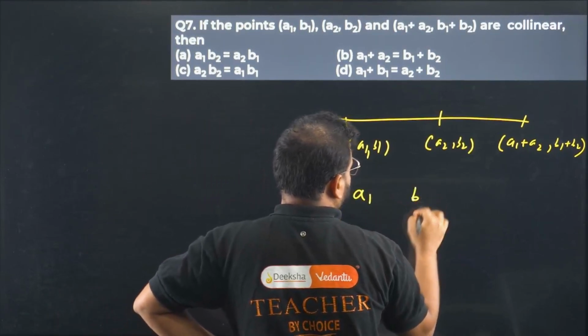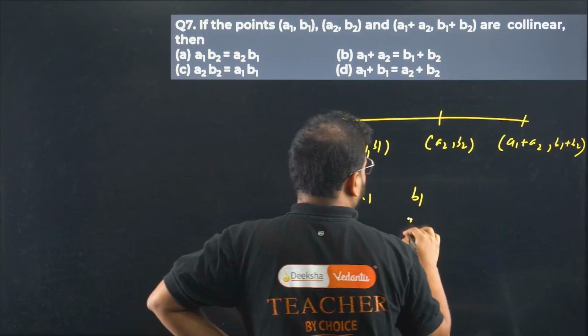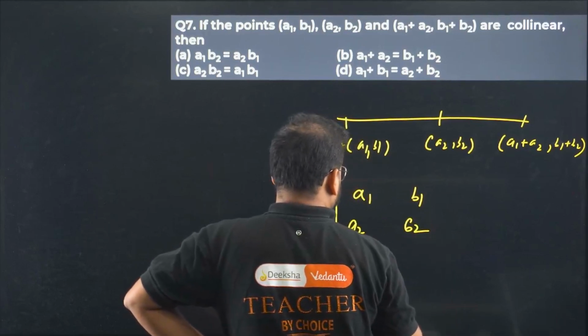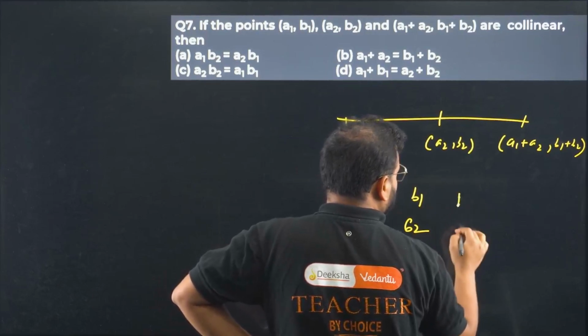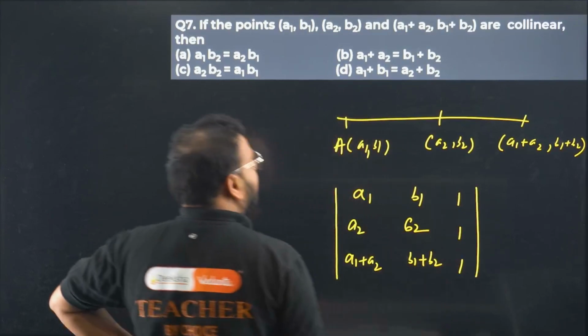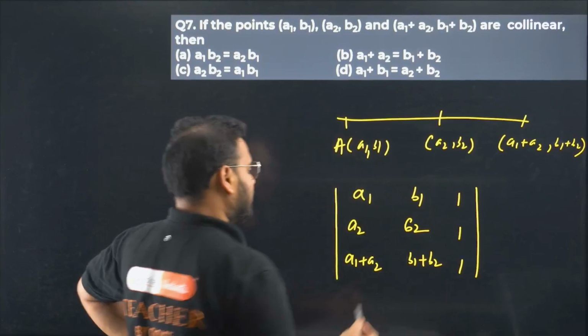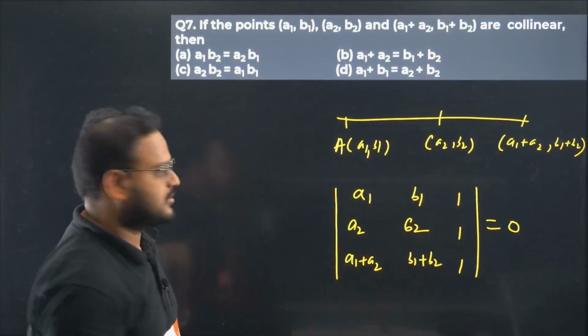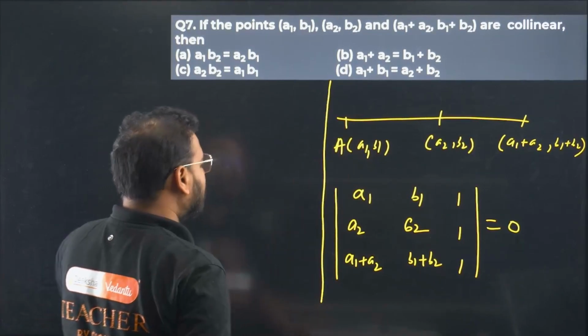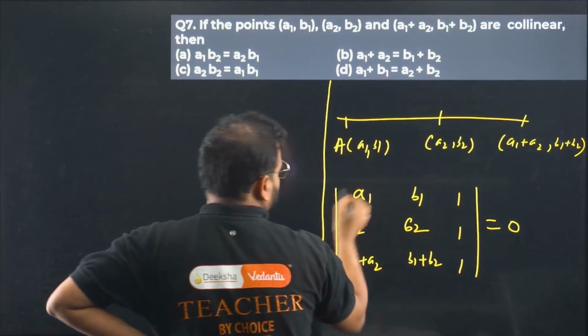A1, B1, A2, B2, A1 plus A2 and B1 plus B2, with 1, 1, 1. You have to find this equal to 0, because for collinear points the determinant will be 0. Okay. Let's expand across the first row only.